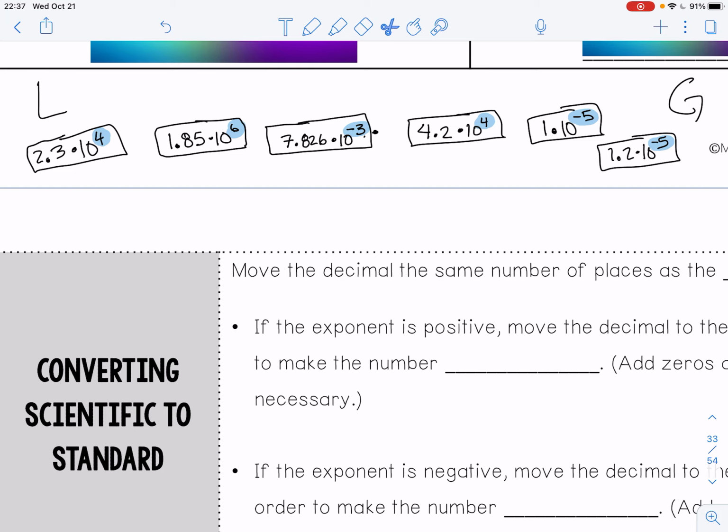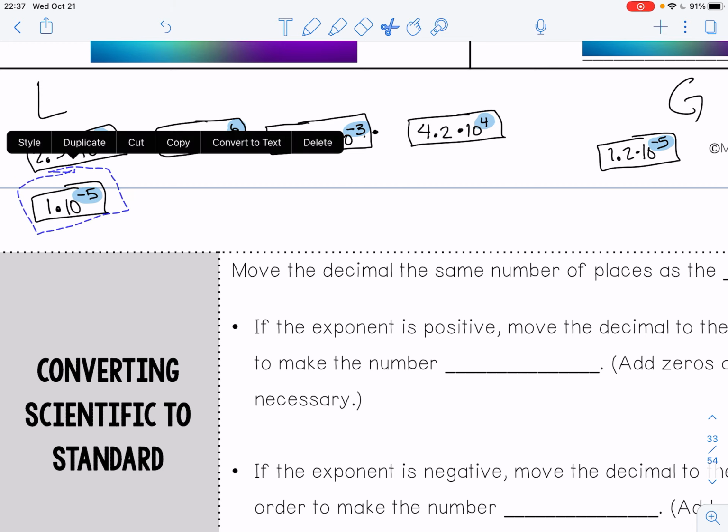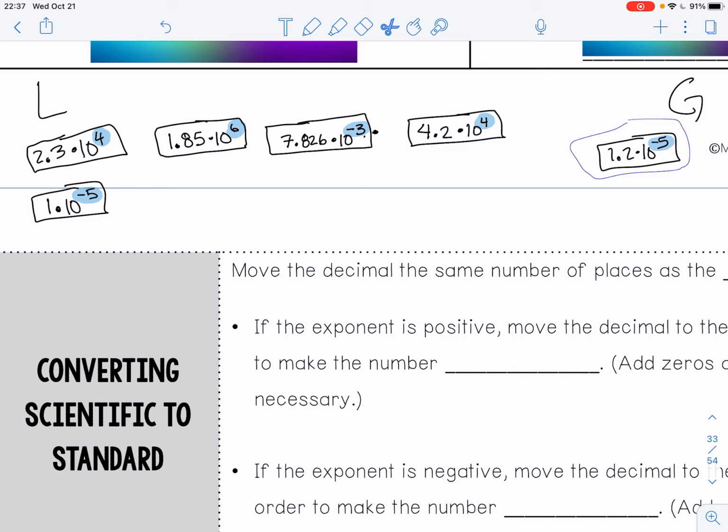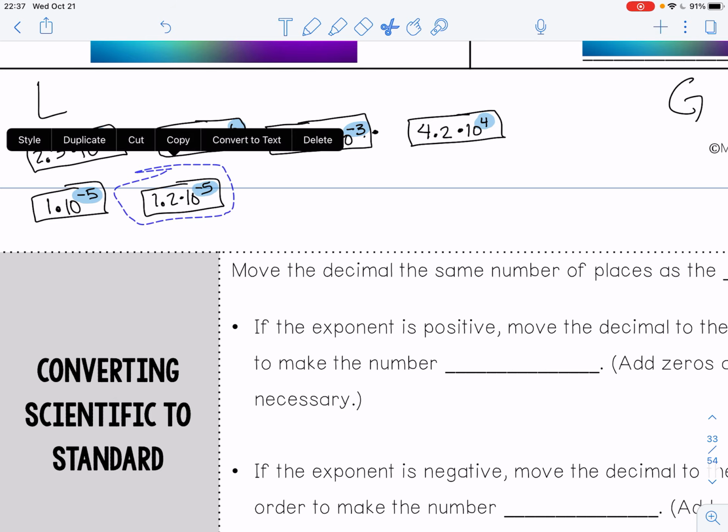So what is the smallest number here? Well, the smallest number would be the one with the smallest exponent. We've got two of those here: 1 times 10 to the negative 5, and 1.2 times 10 to the negative 5. So I know those are going to be our two smallest ones.